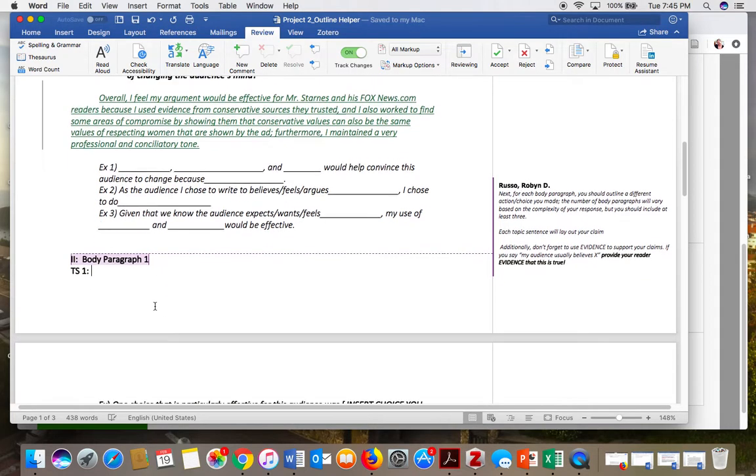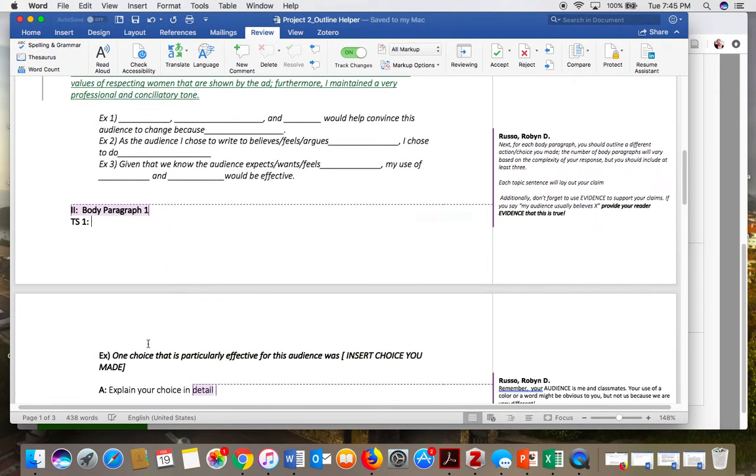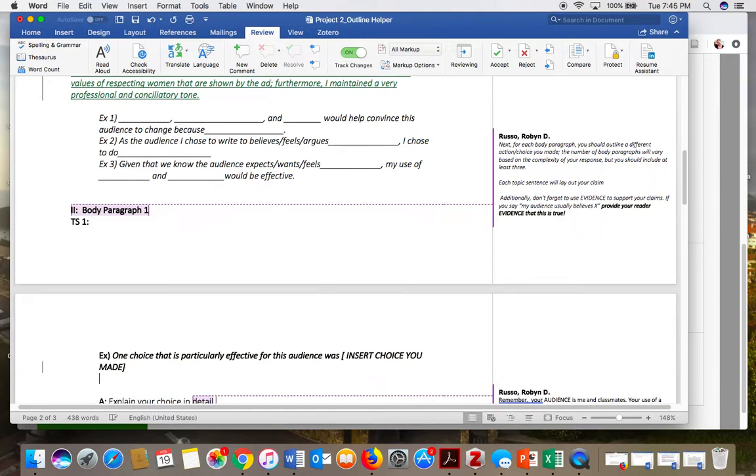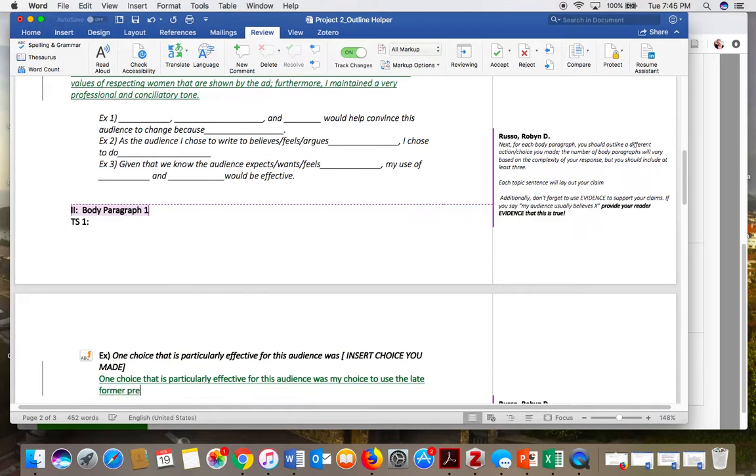And so if I look at the example that I give right here for how you might start a topic sentence, I could say something like, one choice that is particularly effective for this audience was my choice to use the late former President George H.W. Bush as a key source in my argument.